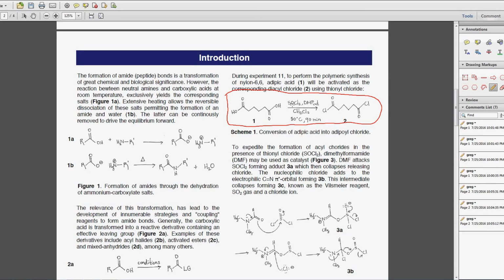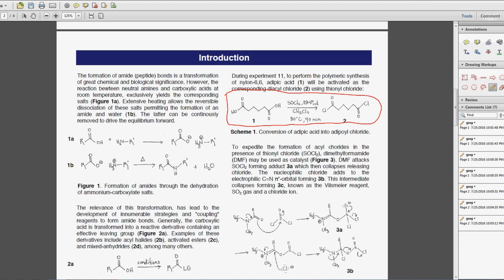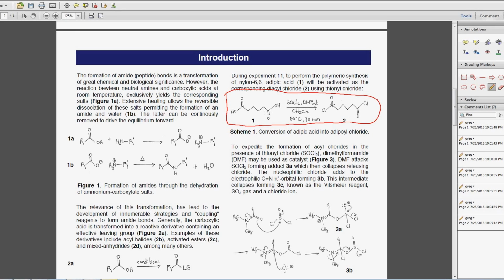We're going to use thionyl chloride and DMF in dichloromethane. It's going to be very important that this reaction is done under strict anhydrous conditions. So before we start the reaction, we are going to dry our glassware overnight.